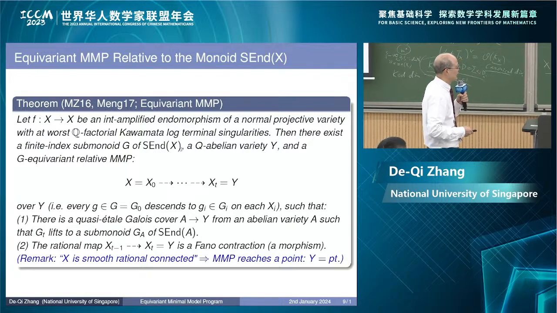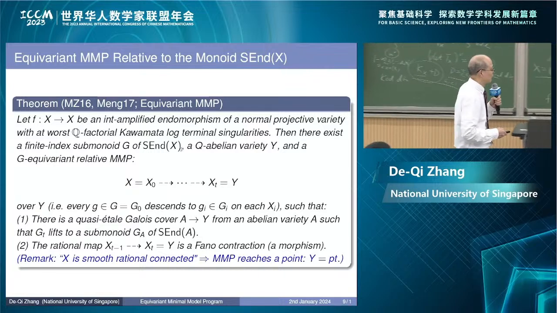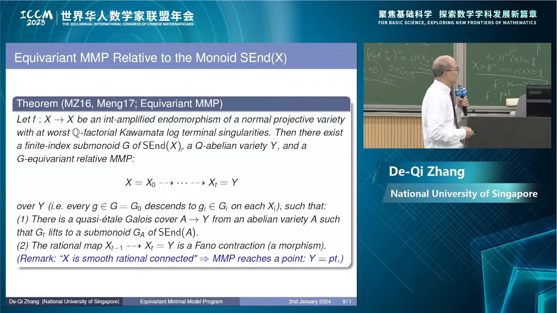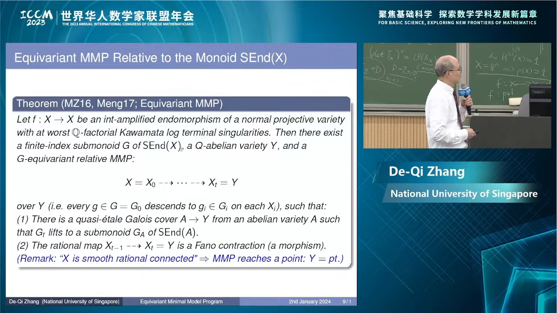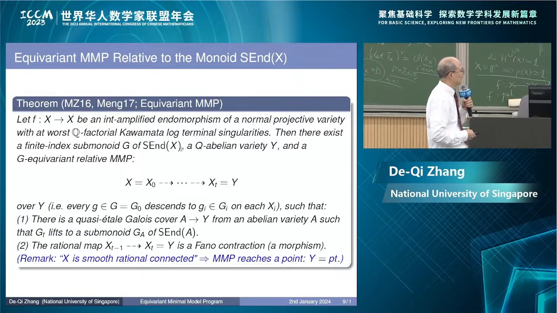And there's a remark saying that if you start with X smooth, you assume it's rationally connected. Rationally connected means you take any two points in X, it's connected by a rational curve. In this case, you can run the MMP, and eventually you can reach a point. So in general, you have to stop somewhere at Y, but actually you can reach a point. So the MMP can go down to a point.